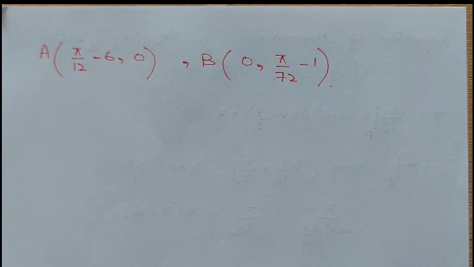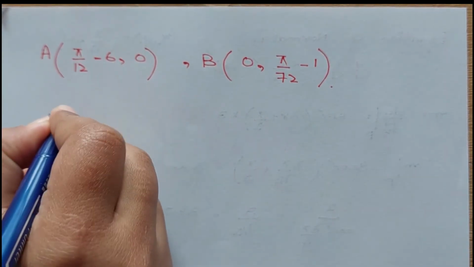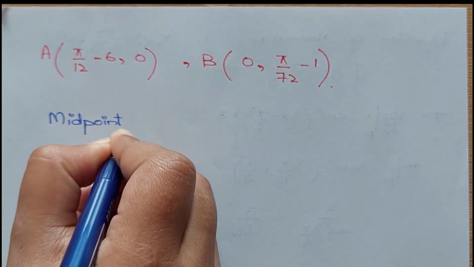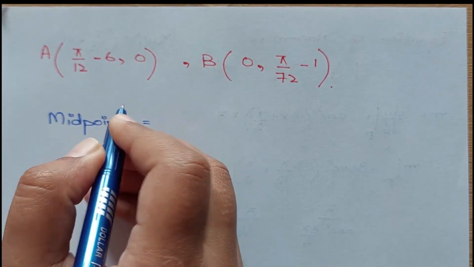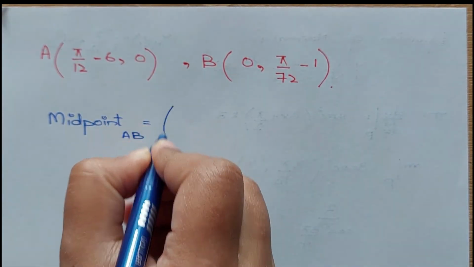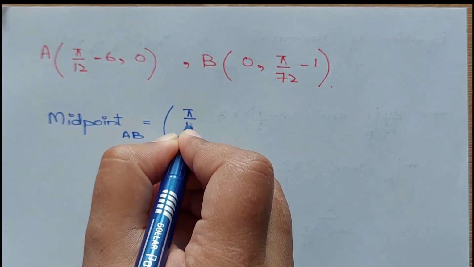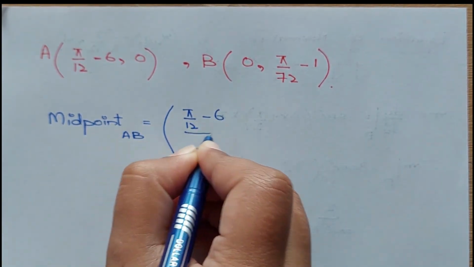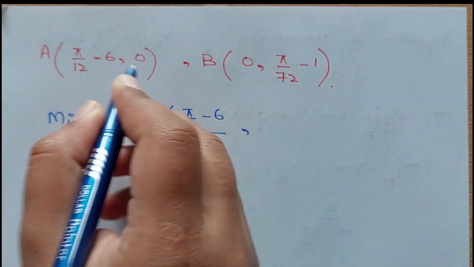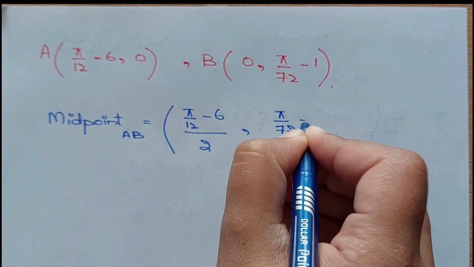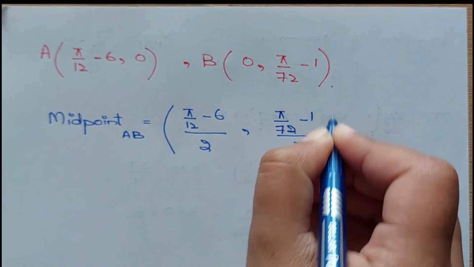Okay, for the midpoint of AB, the formula is x1 plus x2 divided by 2. So x1 plus 0 divided by 2, so it means pi by 12 minus 6 divided by 2, comma 0 plus pi by 72 subtract 1 divided by 2.